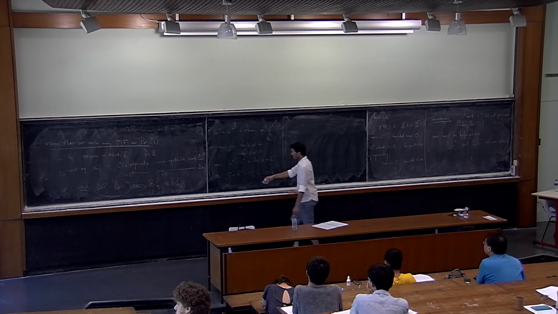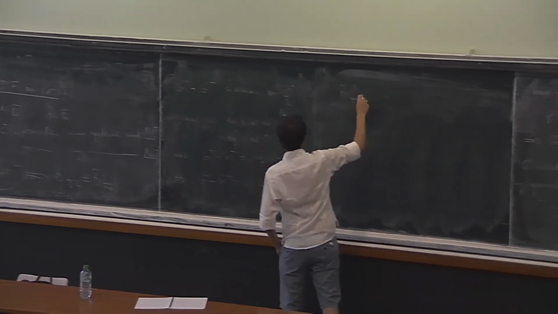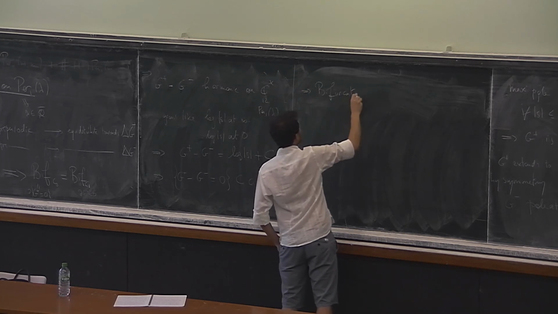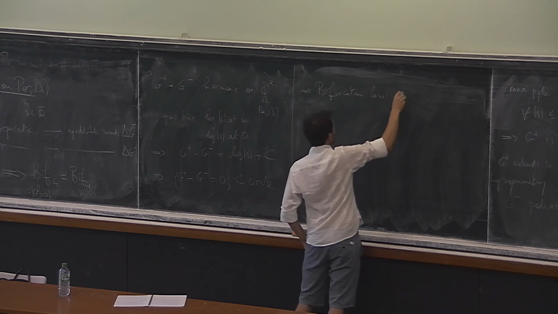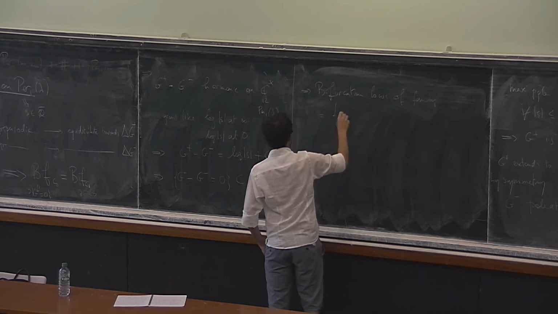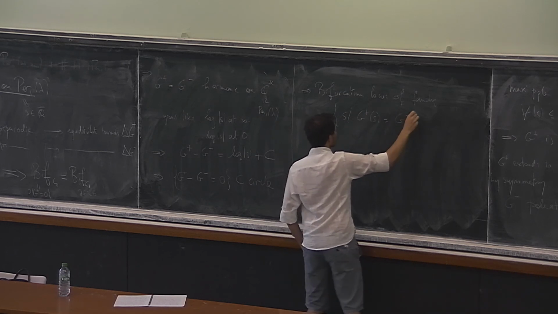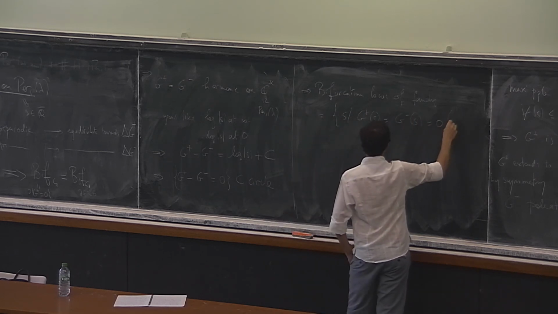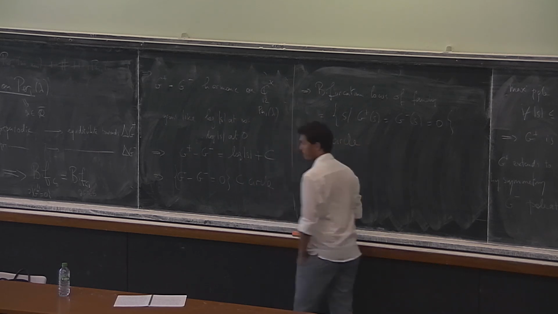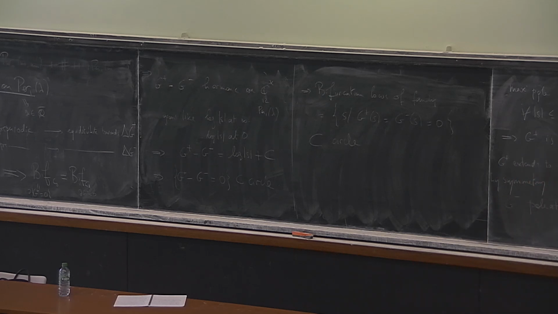So what we get from this is that the bifurcation locus of the family, which is actually the set of parameters s such that G plus of s is equal to G minus of s is equal to 0, is contained in a circle, just because we know the function G plus minus G minus.